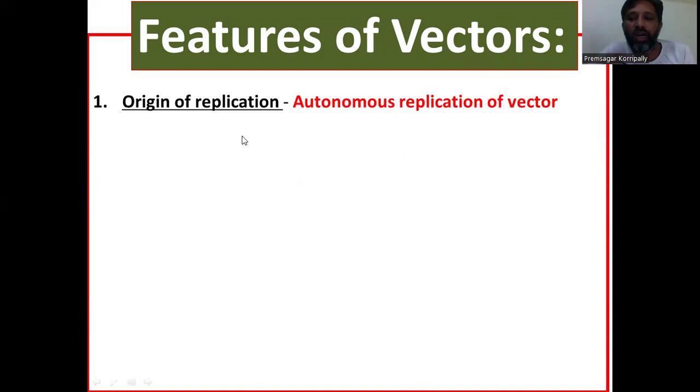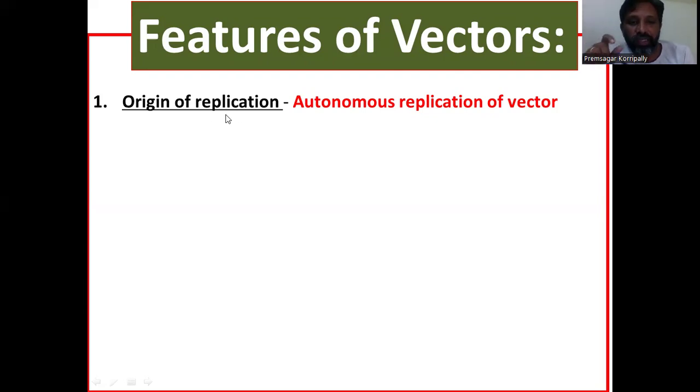The first and foremost one is the vector must have its own origin of replication. When a vector has its own origin of replication, then replication of that vector will be autonomous or self. As you all know, replication begins at the origin of replication.